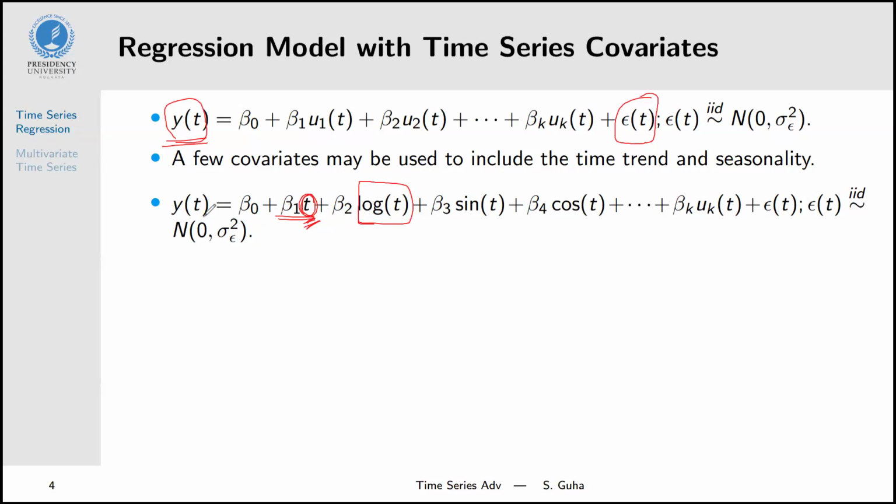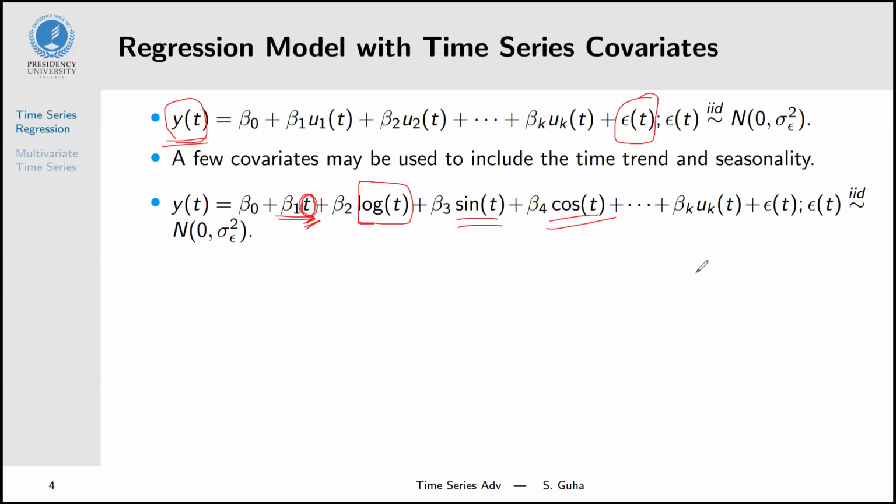Now there is a chance that the primary time series process you are considering may also show some kind of seasonal pattern. Those seasonal patterns can be included in the form of trigonometric functions, like the sine function and cos function.